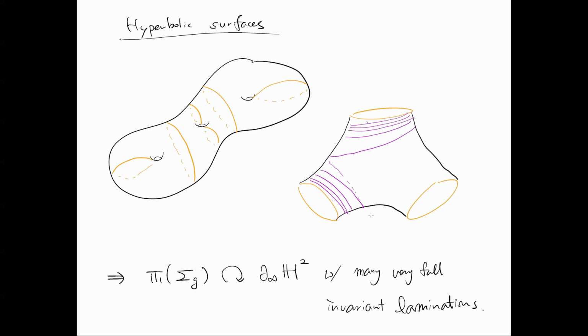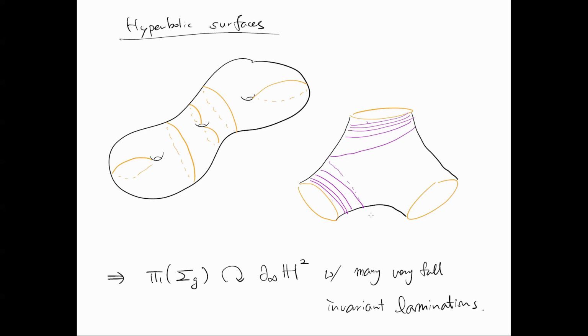So the set of ends of this geodesic lamination is preserved. The pi1 of sigma g acting on H2 by isometries extends continuously to an action by homeomorphisms on the ideal boundary. And that action preserves this circle lamination, which is obtained as the endpoints of the geodesic lamination. So you do have examples, many examples, of groups which act on the circle with many very full invariant laminations.